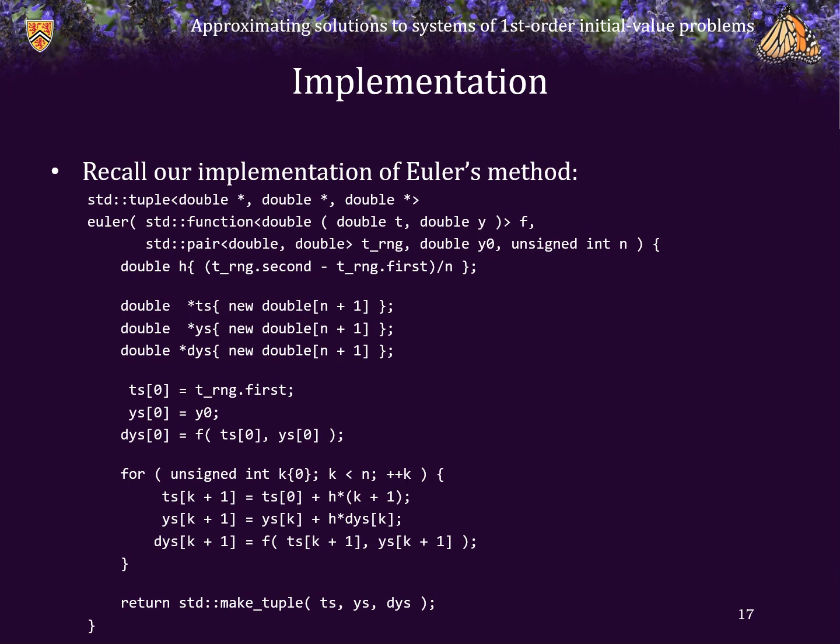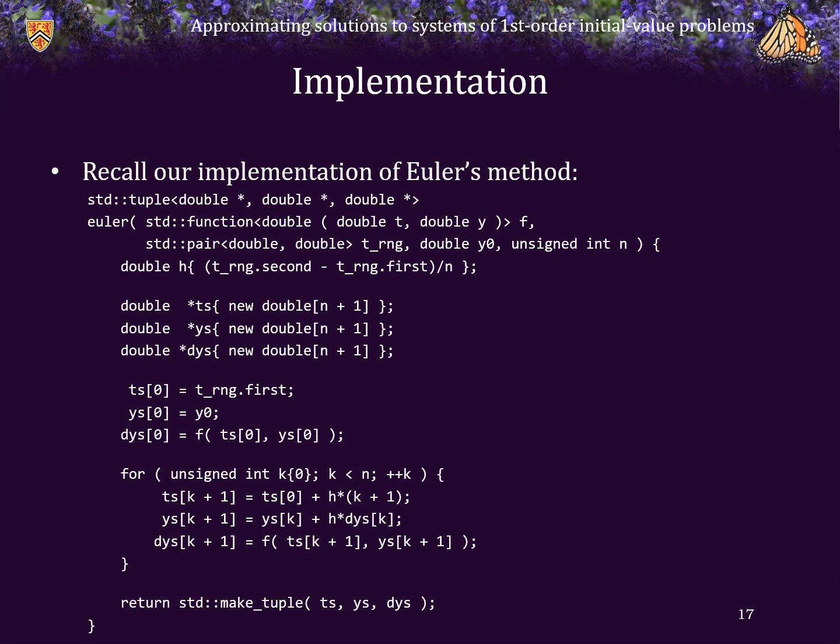Then we have the initial condition y0 and the number of steps. We calculate the h, which is the difference between the final t-value and the initial t-value, divided by n, the number of steps, and then we allocate our 3 arrays of capacity n plus 1, because after all, n gives us the number of intervals, which is 1 less than the number of points.